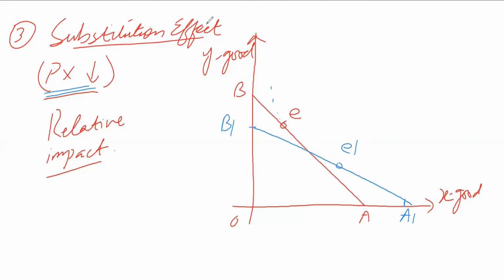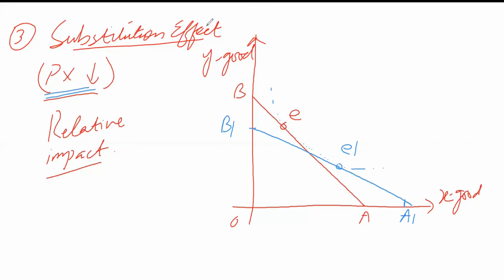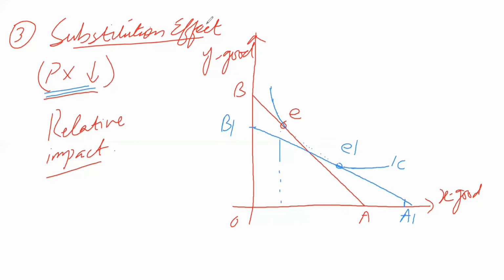For example, in this figure we have the initial budget line AB showing different combinations of X and Y that can be maximum purchased by the consumer, and the initial equilibrium is, let's say, at point E. Now if there is a fall in price of X, the consumer thinks that his purchasing power for X has increased relative to Y, so his budget line will shift from AB to A1B1, which shows that his purchasing power for X has increased but purchasing power for Y has decreased.